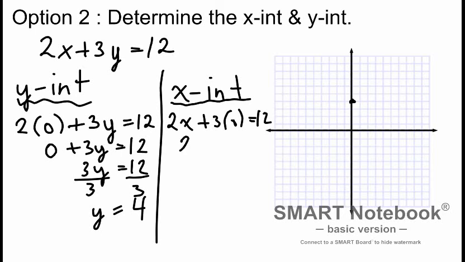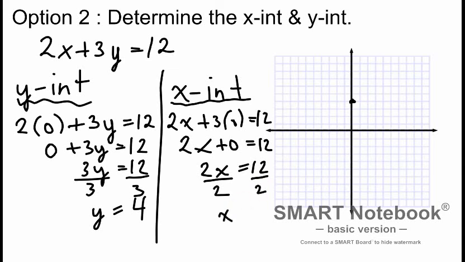So 2x, 3 times 0 is 0, equals 12. Again, simplifying the left side, we quickly realize that, wow, another very easy to solve equation. And we've got that x is 6. What does that mean? That means that the x-intercept is at 6.